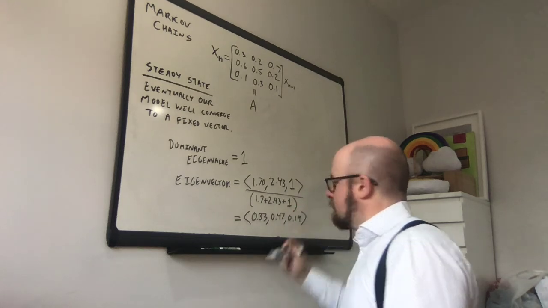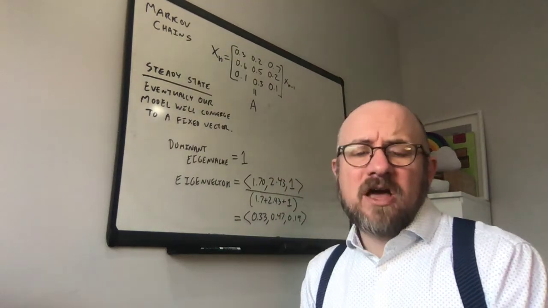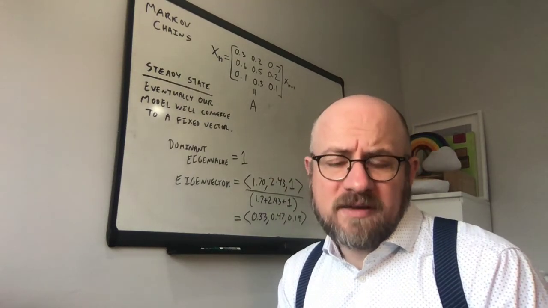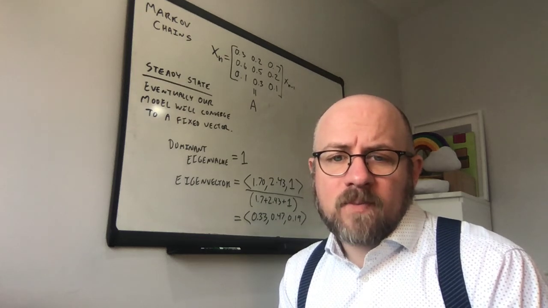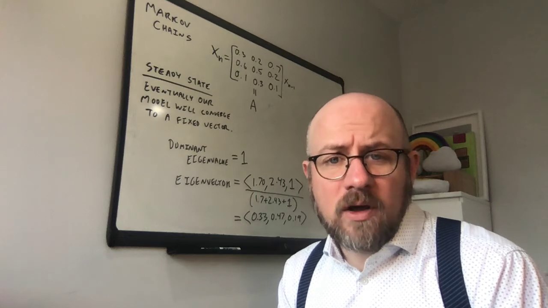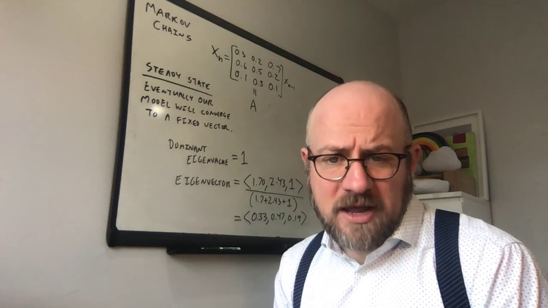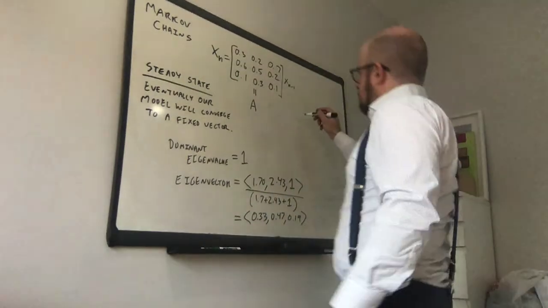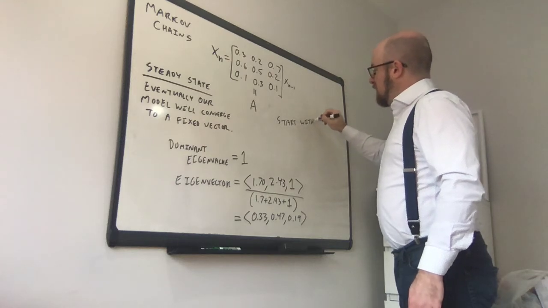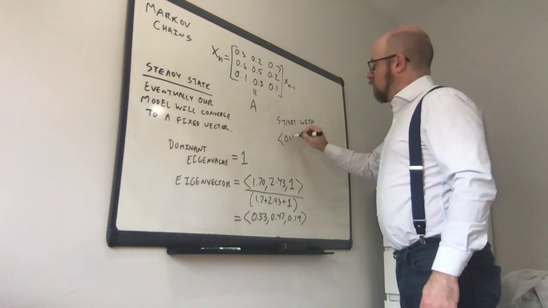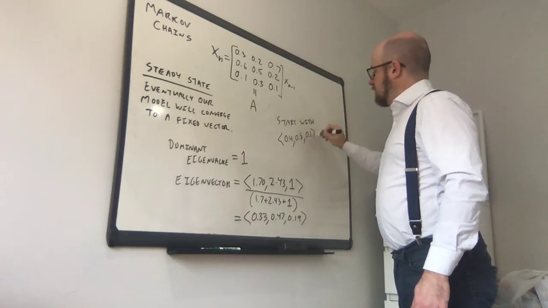0.19. Okay? And so if you run a simulation, say you start with 40% in state 1, 50% in state 2, and 10% in state 3.